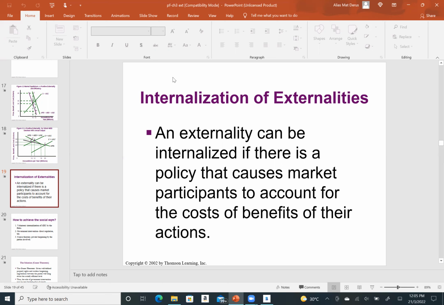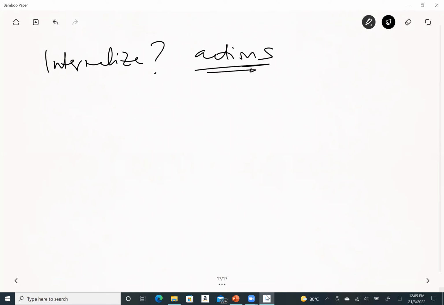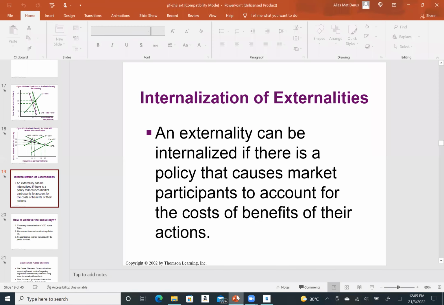So this is what you call internalization of the externalities. You internalize the externality. So next part we do internalize. How do we internalize the externality? Now it's not necessarily policy. It can be any action. Sometimes just action, action of the relevant party. So that what?